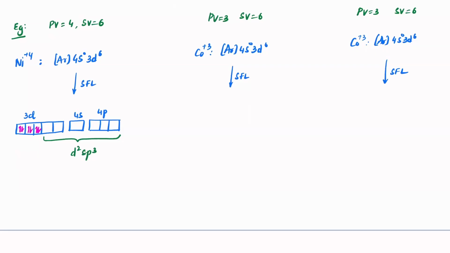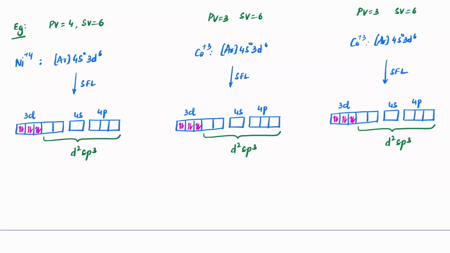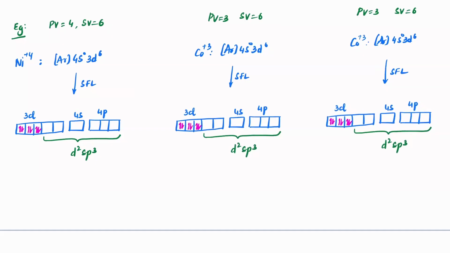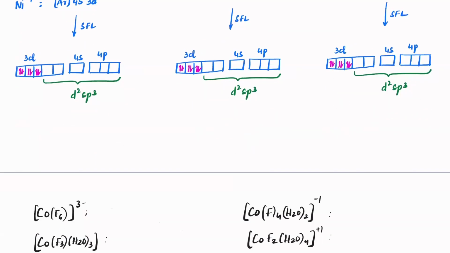So the pairing is possible and we require two d orbitals, either inner d or outer d. Since inner is available, we always use the inner d orbital. Hence we will get the hybridization as d2sp3 in all these three cases, correct? And you see the number of unpaired electrons.